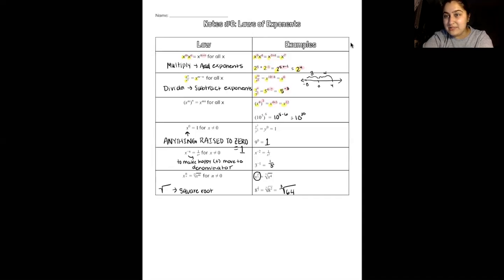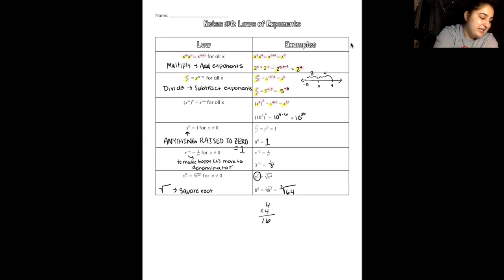And the cube root is saying what number times itself 3 times gives me 64? And at some point, once you do this a bunch of times, you'll memorize, right? That, okay, well, 4 times 4 gives me 16.